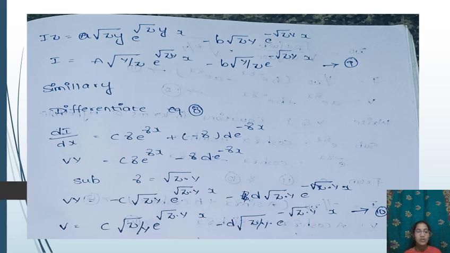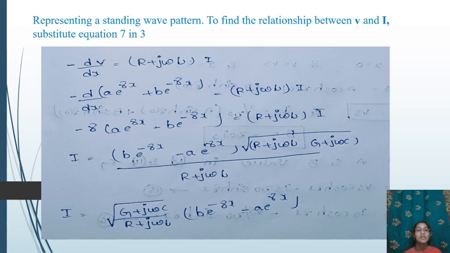Substitute gamma equals root of Z into Y. Then the equation can be written as V equals C into root of Z by Y e power root of ZY into x minus D root of Z by Y e power minus root of ZY into x. Consider this equation as 10, representing a standing wave pattern.